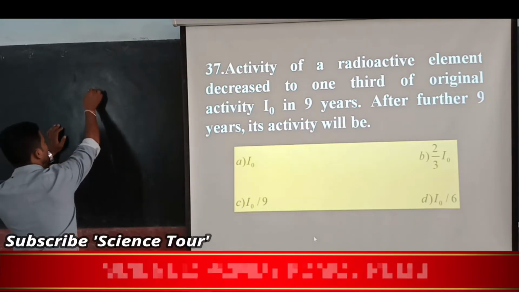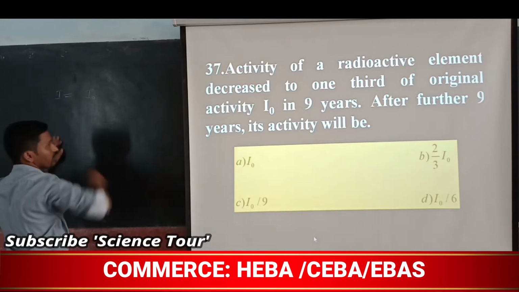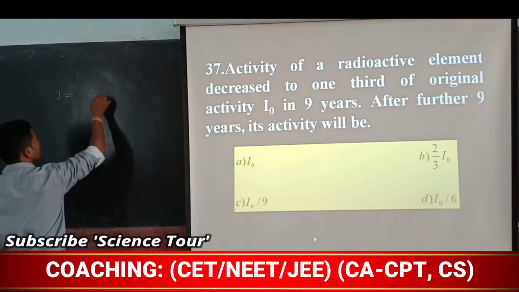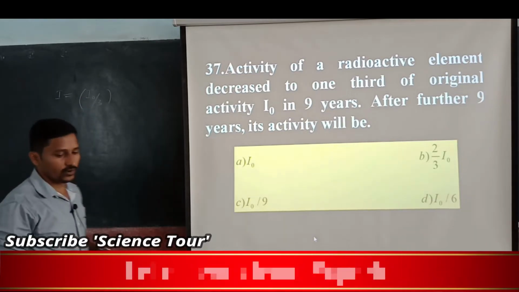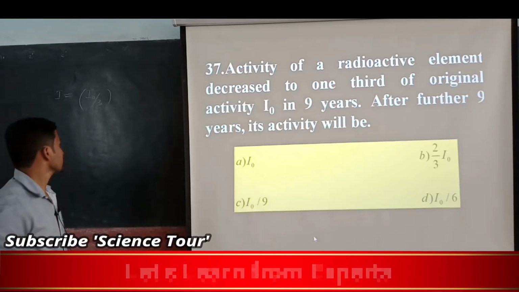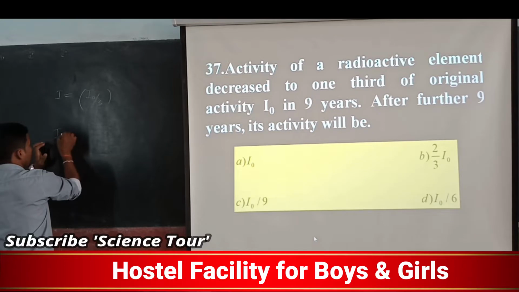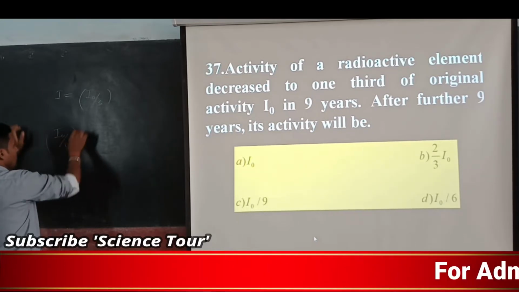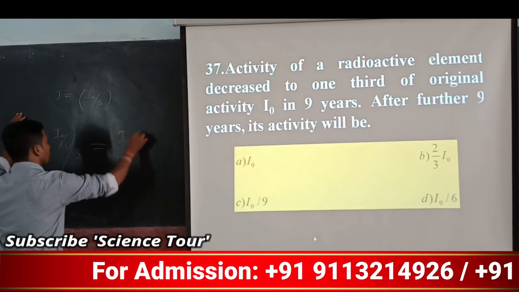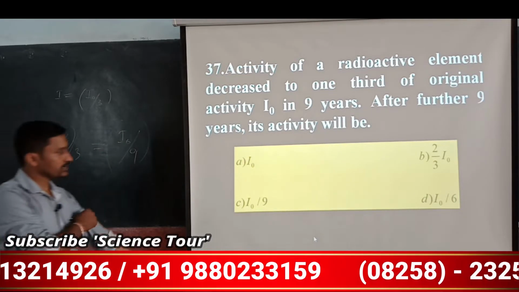After 9 years it becomes I naught by 3. Next, again after 9 years, I is equal to I naught by 3, so again 3 times it becomes, and it is equal to I naught by 9.